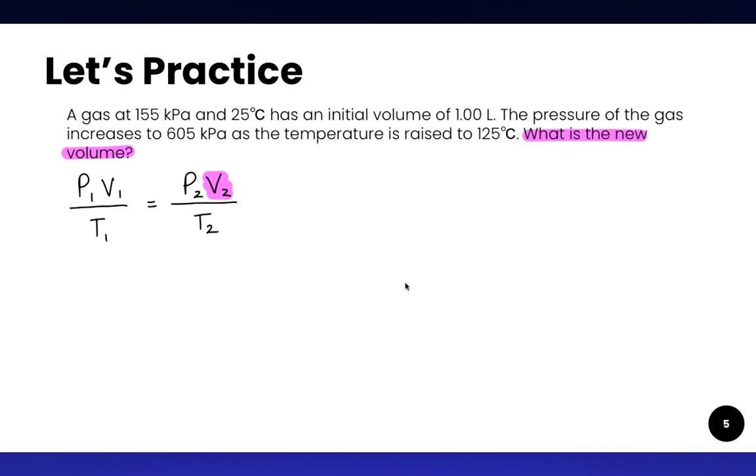So now let's list out the things we know. Okay, so all of the initials are listed in the first sentence. So it has 155 kilopascals, 25 degrees Celsius, and a volume of 1.00 liters.